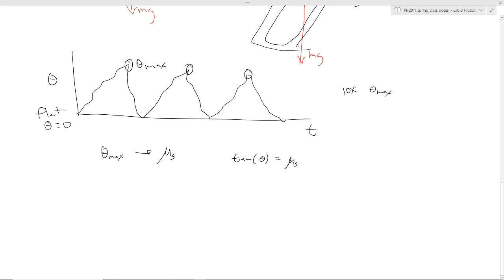Okay, so what I would recommend is, you can do this with the phone itself to kind of get the feel for it. And then you want to design a comparison experiment, where you use the phone to measure theta, but you look at some difference.